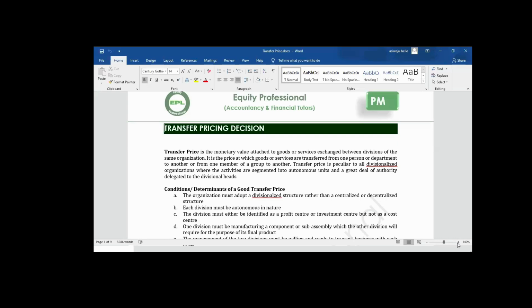Transfer price can be defined as the monetary value attached to goods and services exchanged between divisions of the same organization. It is the price for interdivisional transaction.